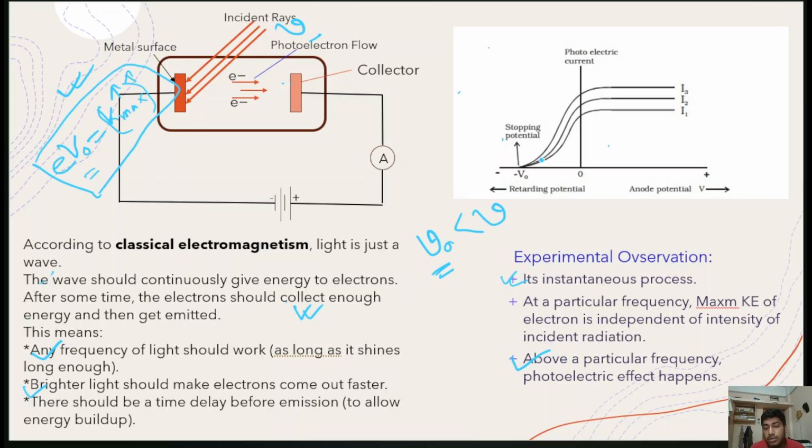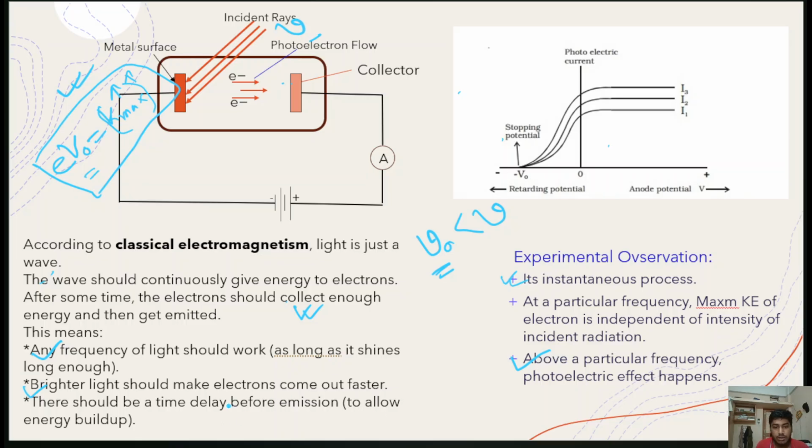But according to the experimental observation, the stopping potential for different intensities without changing the frequency of light is not changed, it is the same. So if V naught is the same, then the maximum kinetic energy is also the same.